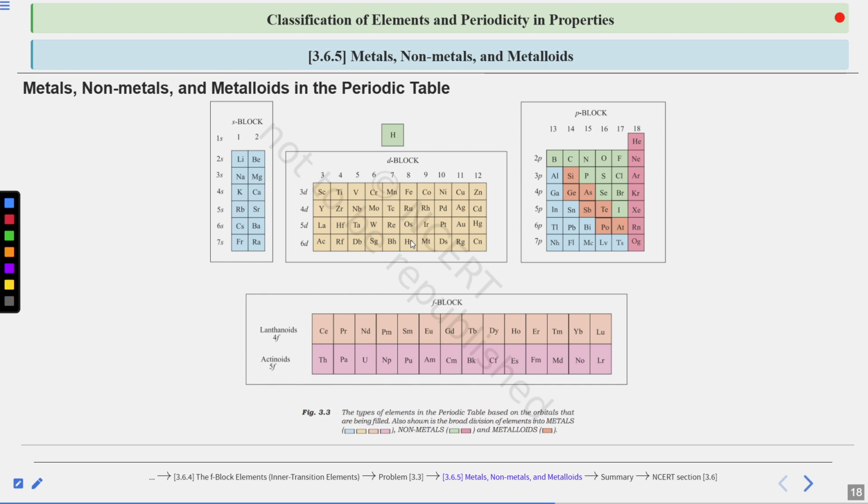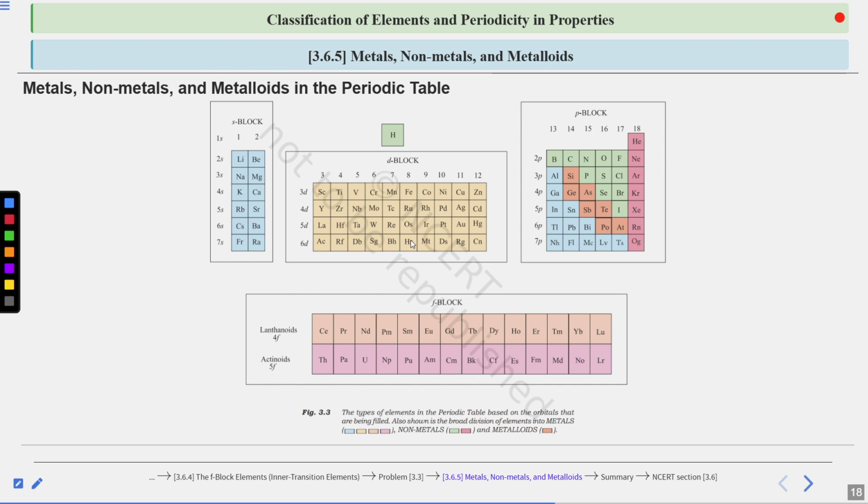Then for the non-metals, we have the green color. You can see it on the p block. They are all green, plus the whole 18th group is shown as non-metal. Lastly, your metalloids are in between your metals and non-metals. This is a very important point to remember.